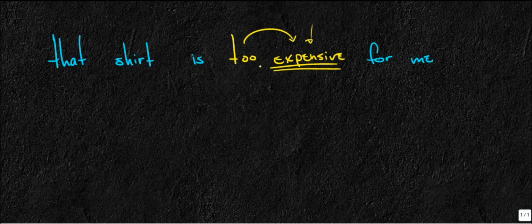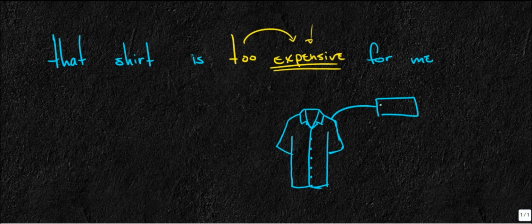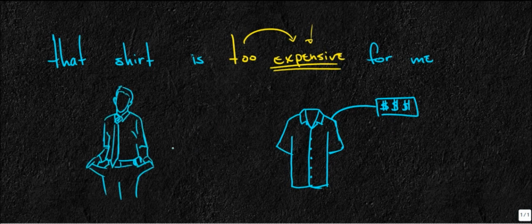So let's say, for example, I have the shirt. And this shirt costs, I don't know, however much money. So it costs this much money. All right. Now, the money is not a problem because you can have a very expensive shirt and have money to pay for the expensive shirt. The problem is that I have no money.